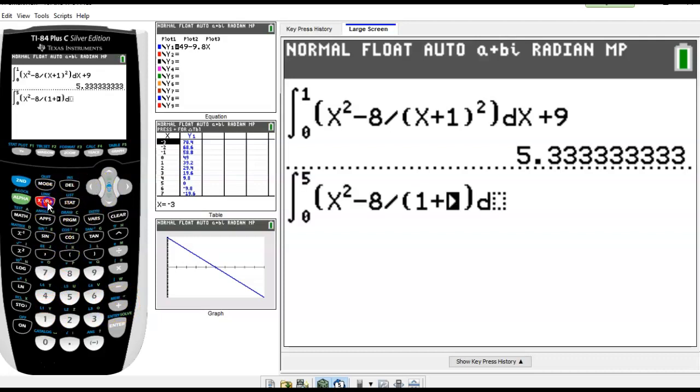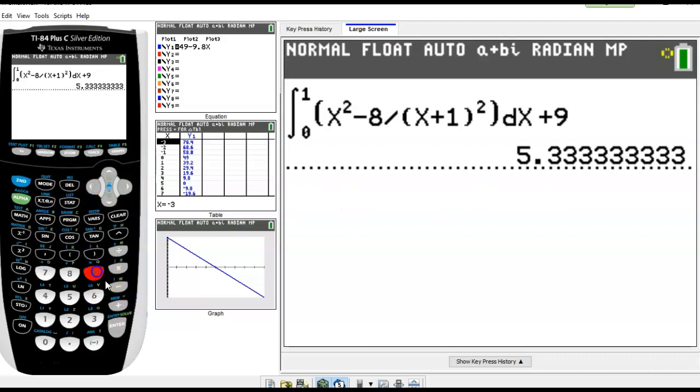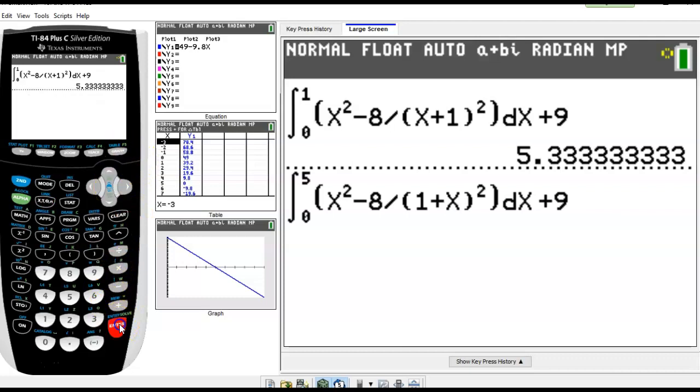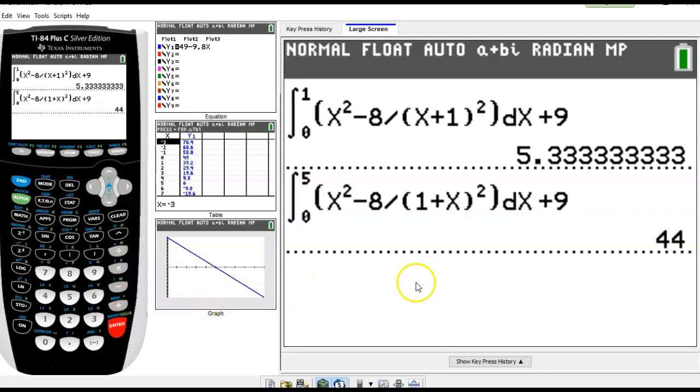It'd be the same thing. Squared. This one doesn't need the comma, so I'm straight. X plus 9. All right, 44. Cool beans?